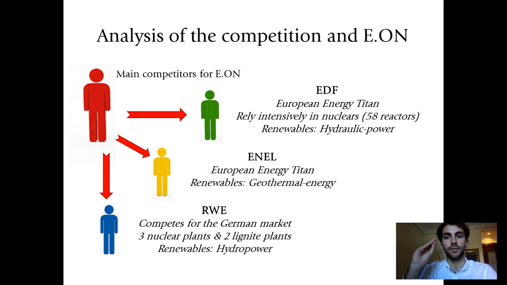In addition, if competitors have more knowledge than us in a concrete field, they will beat us without making any effort, and we don't want that. So we're analyzing competitors. Electricité de France is investing in hydropower, being the leading hydraulic energy producer in Europe. And they also rely strongly on nuclear energy, operating 58 reactors in total.